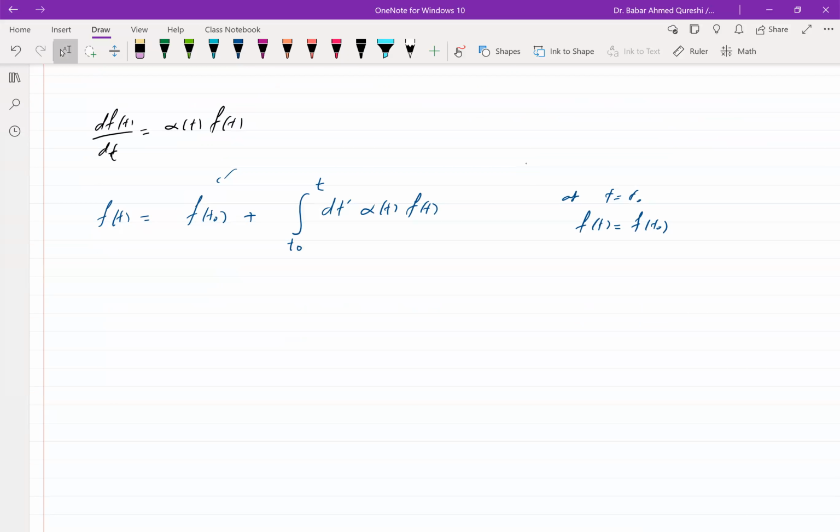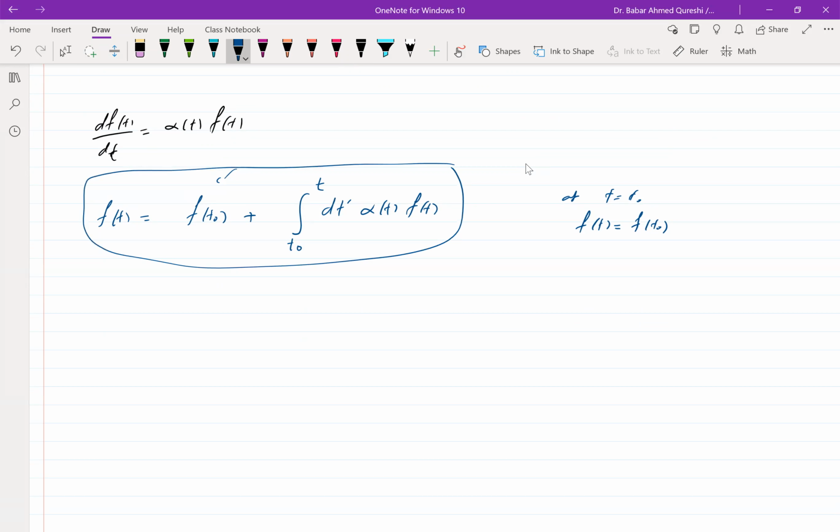This comes from direct integration, but I can also think of it as an ansatz which I can check. One can check that this is a solution by differentiating.